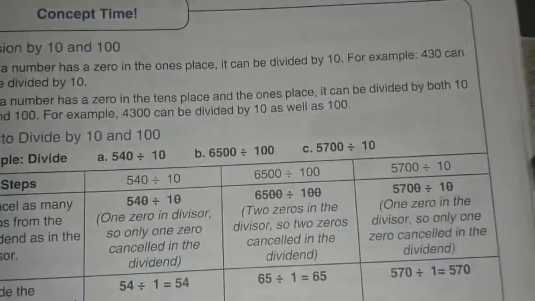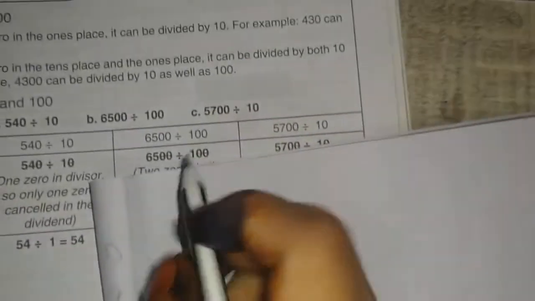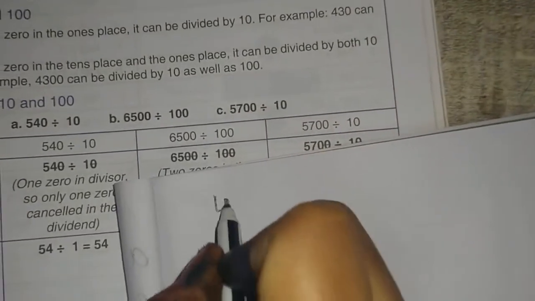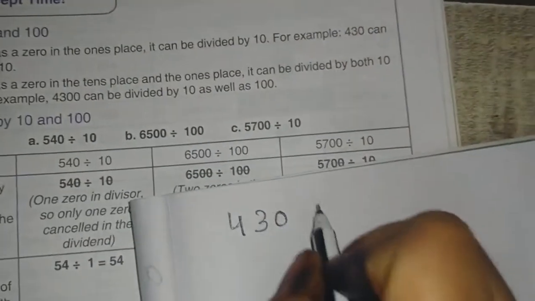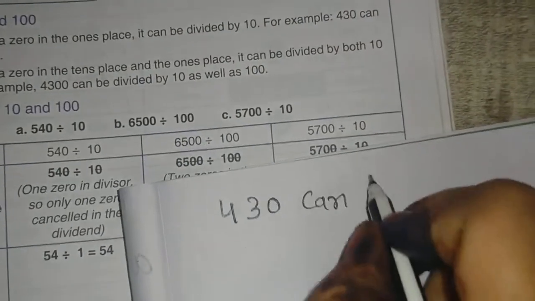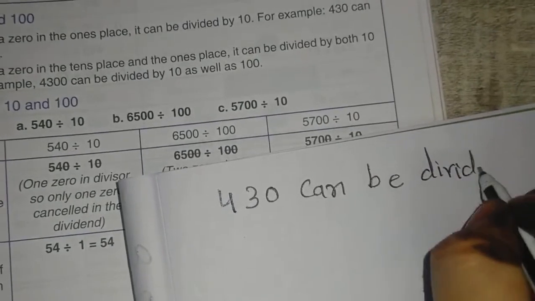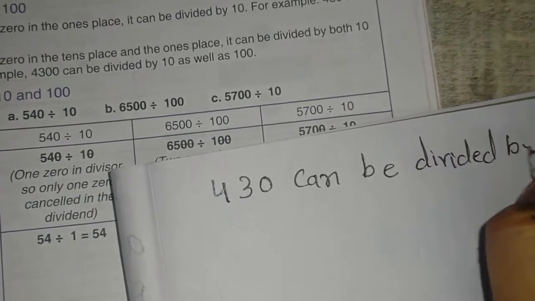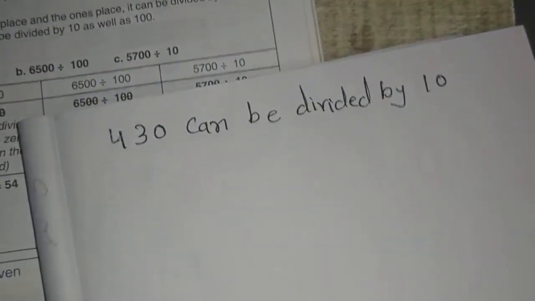For example, okay students, now look over here. 430 can be divided by 10.